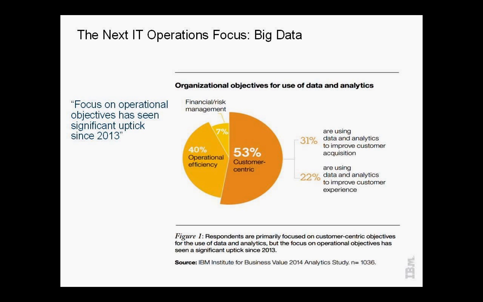So this is improving customer acquisition and experience, really this one-to-one marketing explosion that's going on, mining both customer sentiment and customer likes and dislikes for selling products and services. That's still the boatload at 53%. But second, and growing rapidly, is the 40% using big data and analytics technology for operational efficiency purposes. That is a huge increase over the last couple of years from the IBM study.